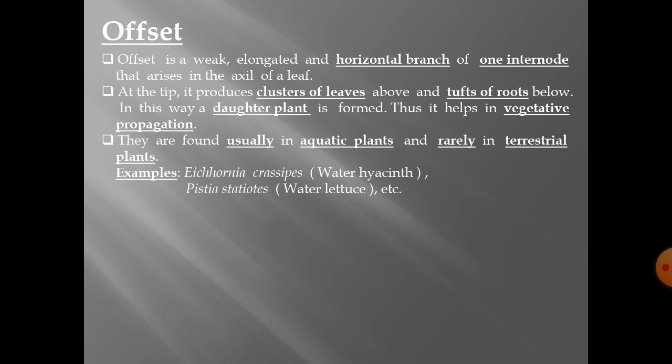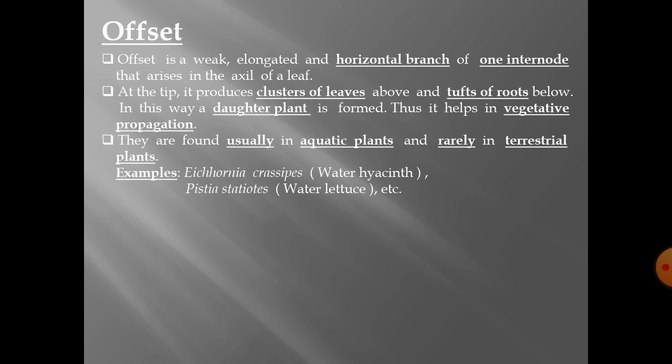In this way, a daughter plant is formed. Thus, it helps in vegetative propagation. Now, moving on to the last point that says about the occurrence of the offset. Well, the offsets are found usually in aquatic plants and rarely in terrestrial plants.